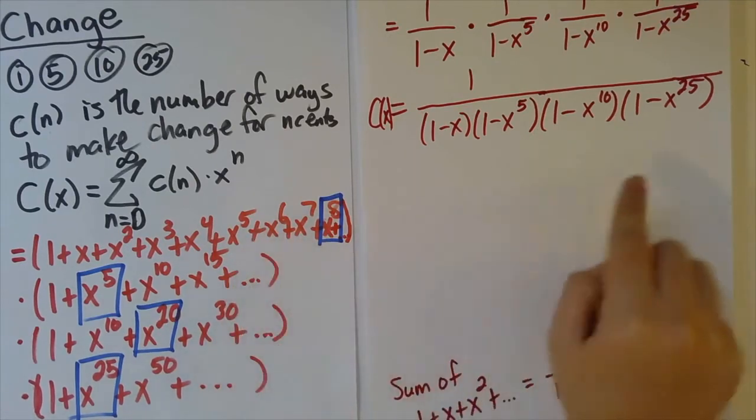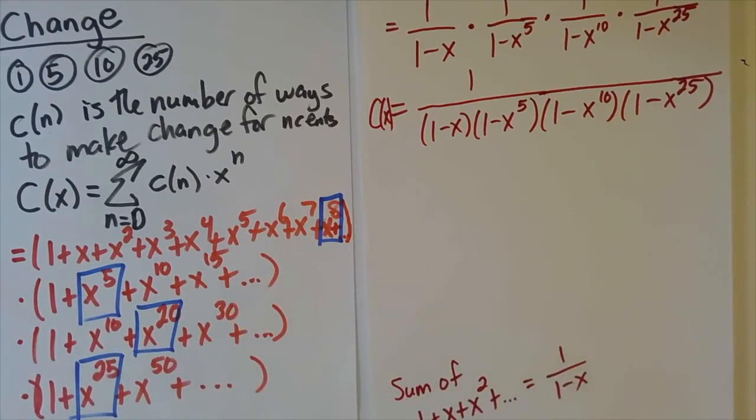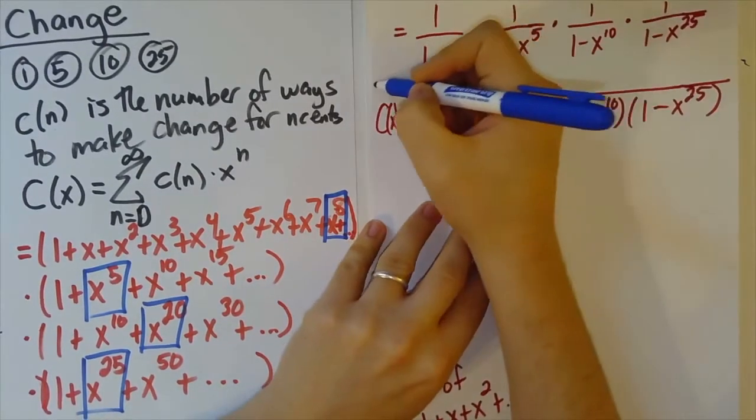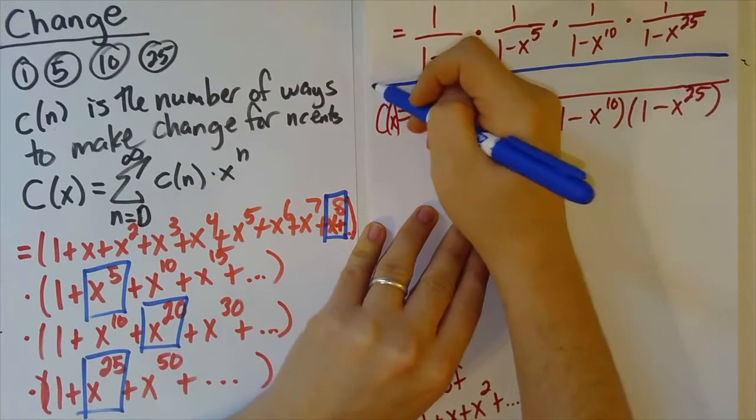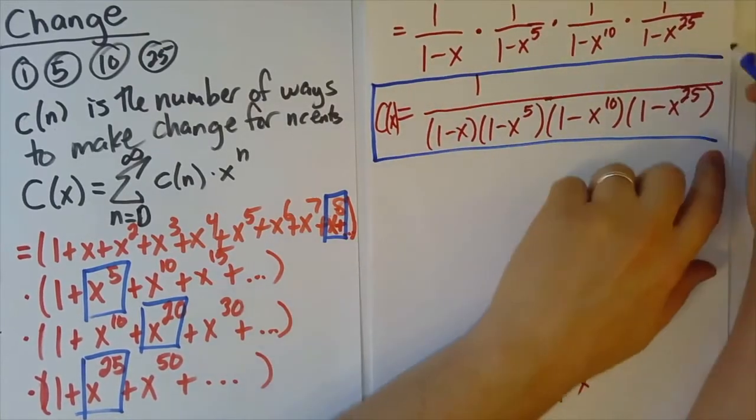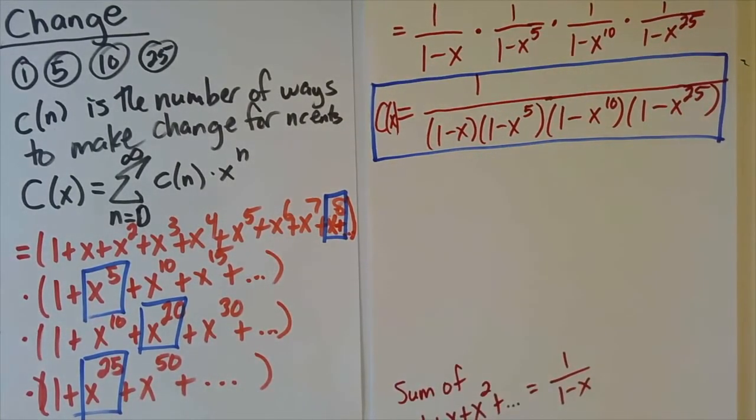And so if you were to expand, grab Sage or Wolfram Alpha or whatever, the Taylor series of this function, and you were to go to the x to the 58th term, it would tell you how many ways there are to make change for 58 cents with pennies, nickels, dimes, and quarters.